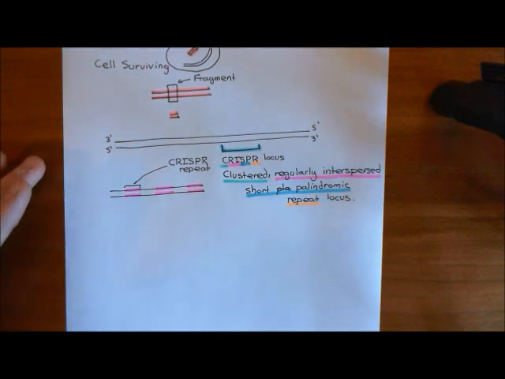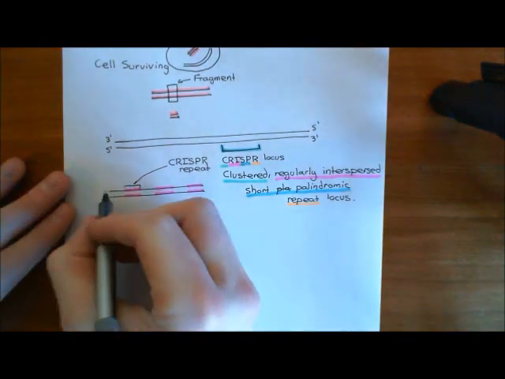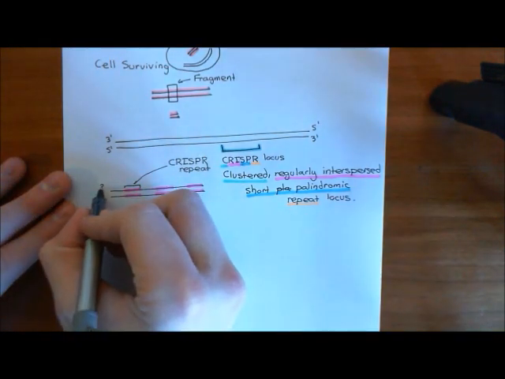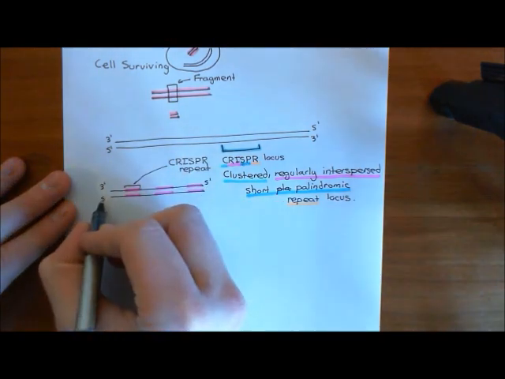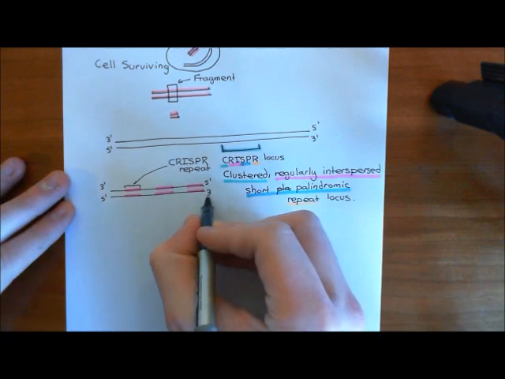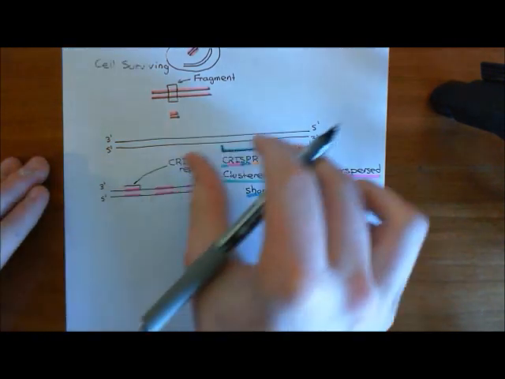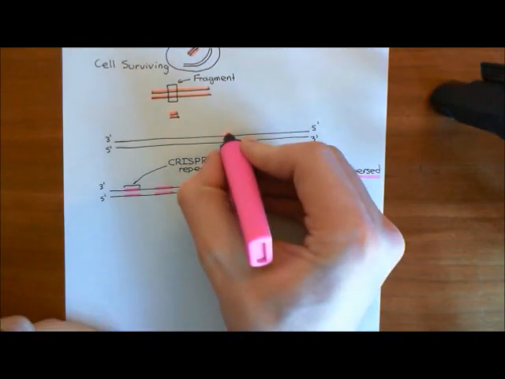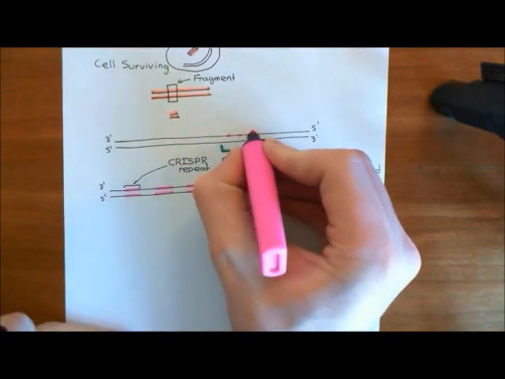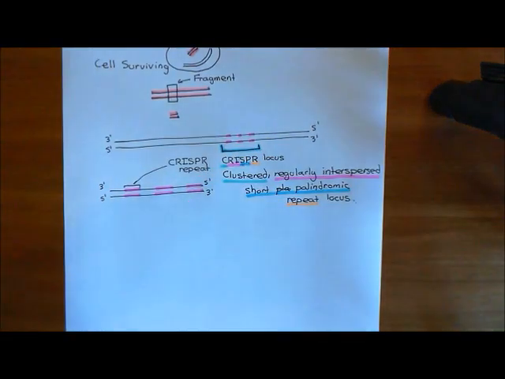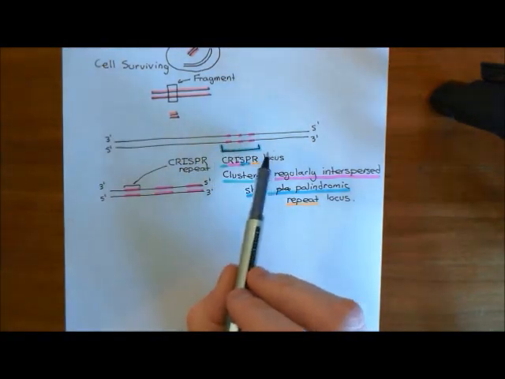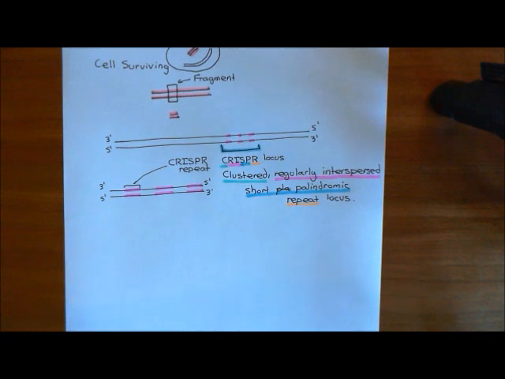So in this CRISPR locus we've also got a 3' end here, a 5' end here, a 5' end here, and a 3' end here. So here are the CRISPR repeats that we've put in so far, but you'll have far more of them than what I've shown here.